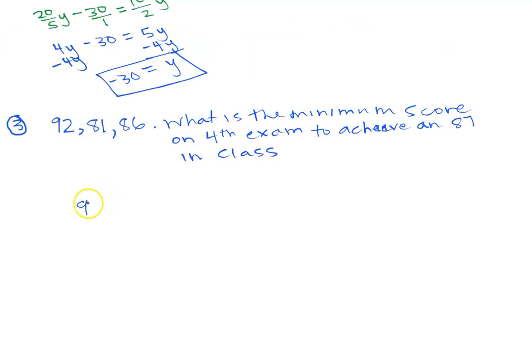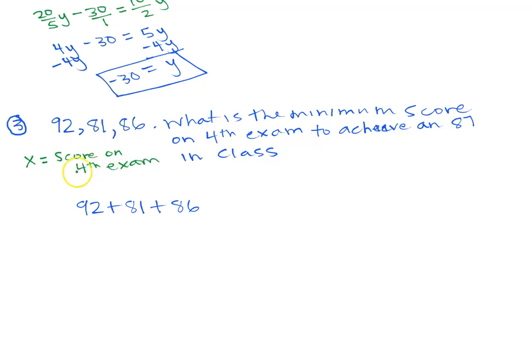So I'm going to have 92 plus 81 plus 86. But then what I don't know is what the student needs to get on the 4th exam. So X is going to be defined by the score on the 4th exam.